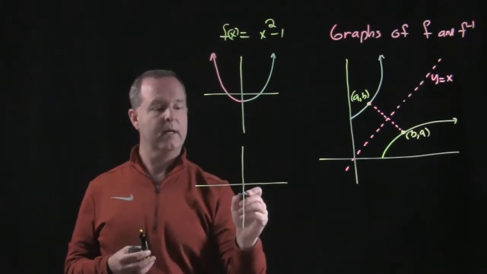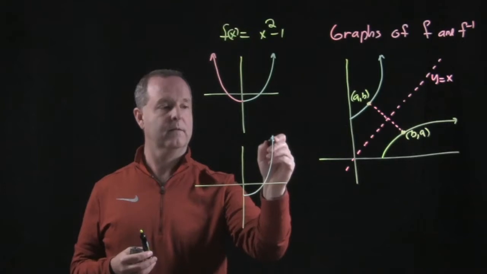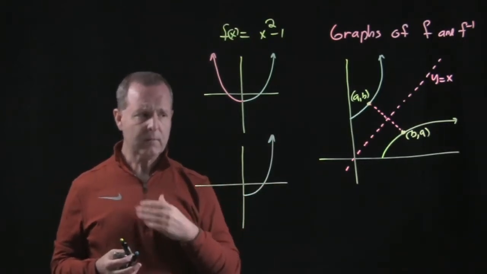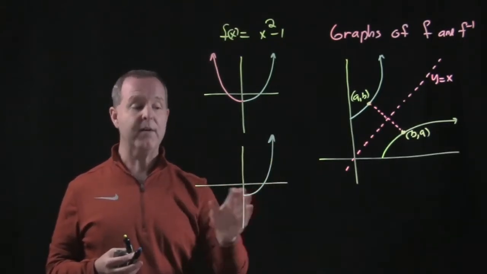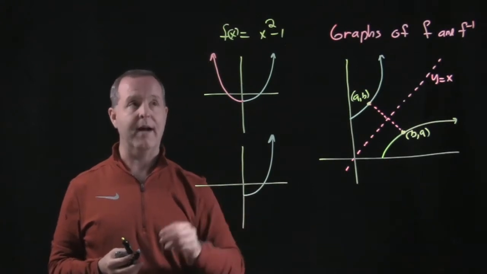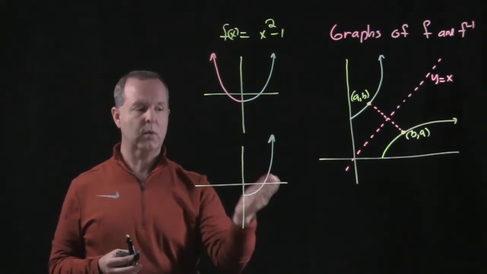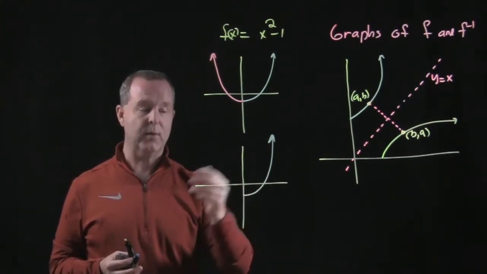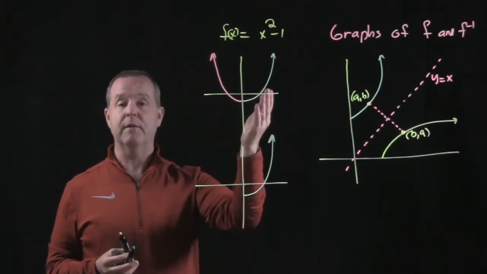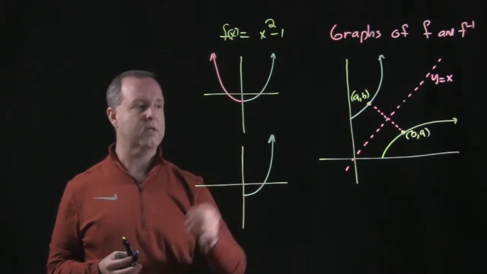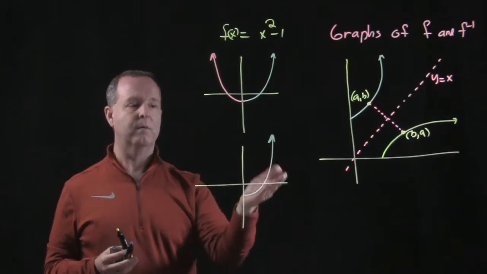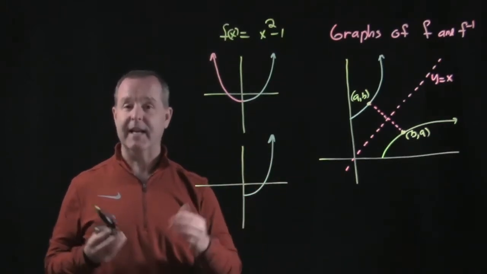So on this one, let's just look at all x values greater than 0. So we're looking at the right side, and this one does pass the one-to-one test, the horizontal line test. So what is its inverse?